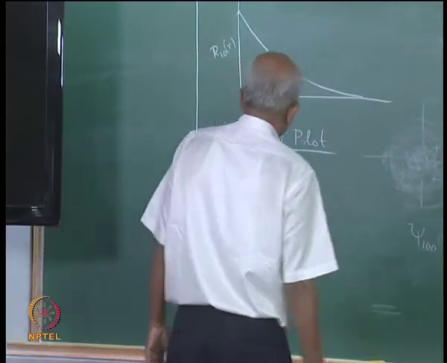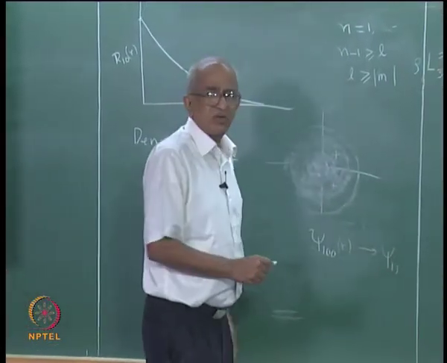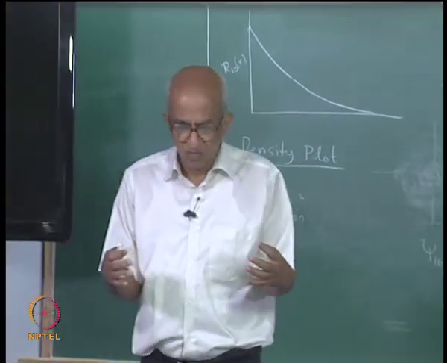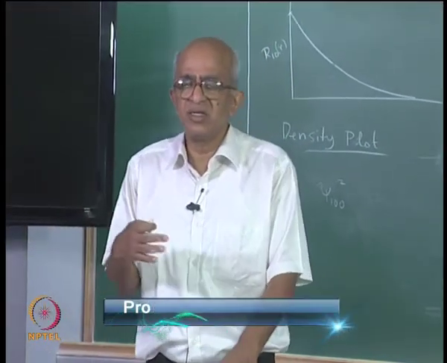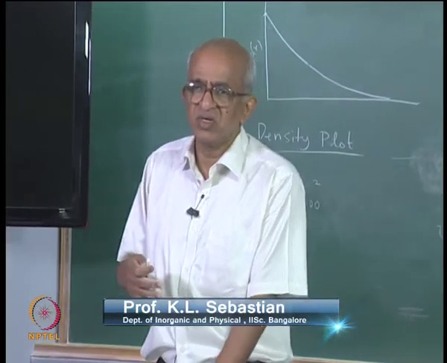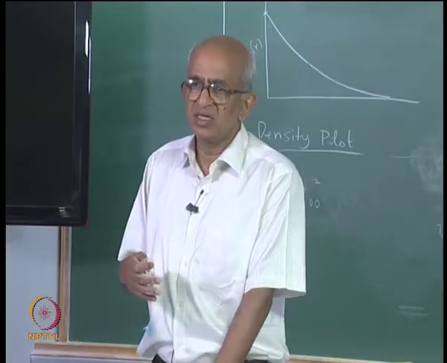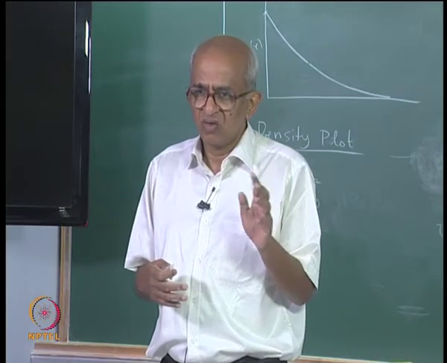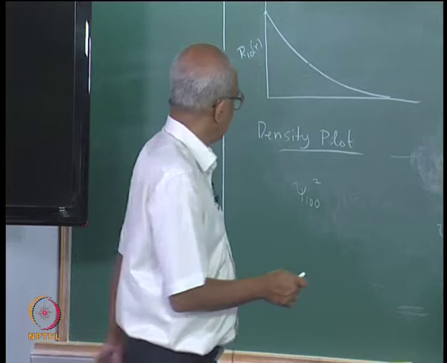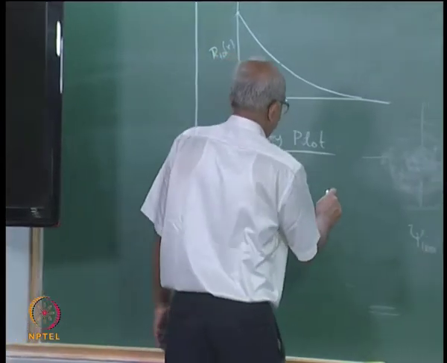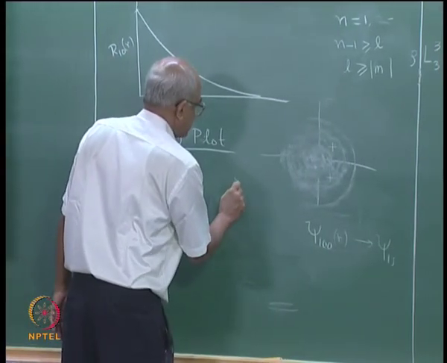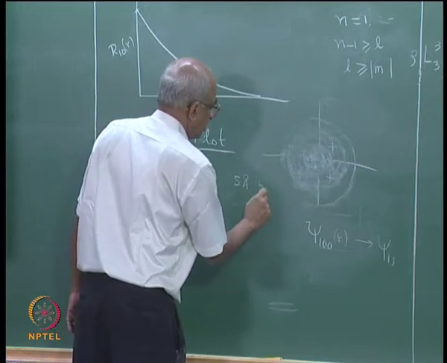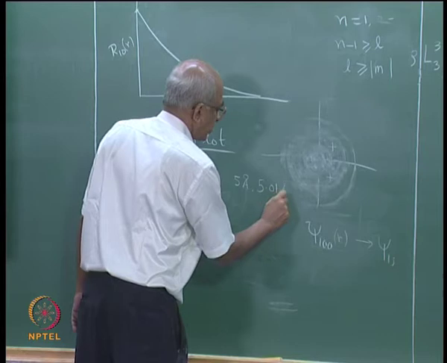Right. So, now I want to ask a question. What is the probability that the distance of the electron from the nucleus lies between r and r plus dr? Or to be clearer, I want you to think of a distance of the electron being between 5 angstroms and 5.01 angstroms.